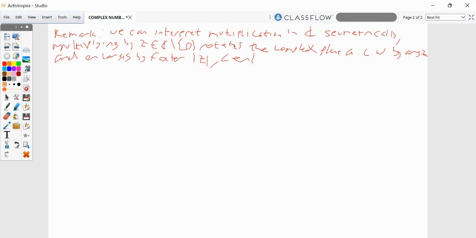I will say, at the origin. Okay, nice little remark there. So we're on to a definition.